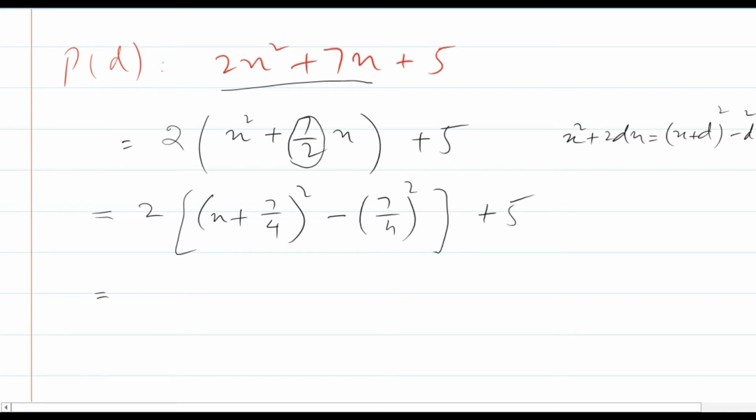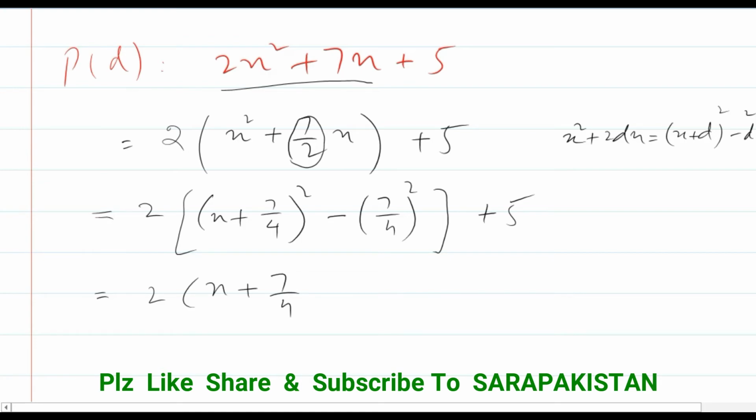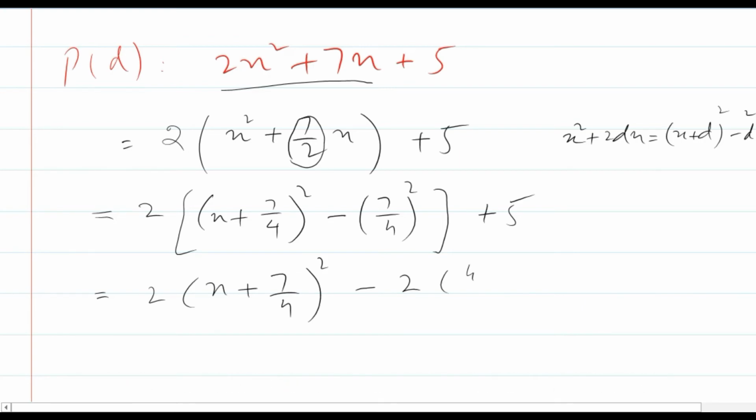You take half of 7 over 2, which is 7 over 4. This can be written as 2 times (x plus 7 over 4) whole square minus 2 times 49 over 16 plus 5.